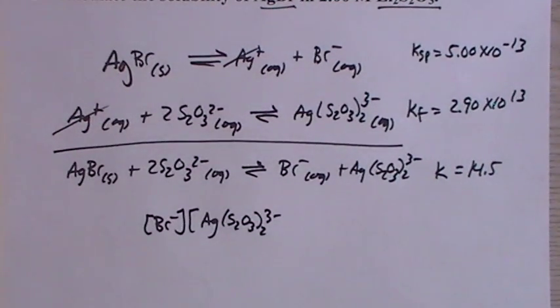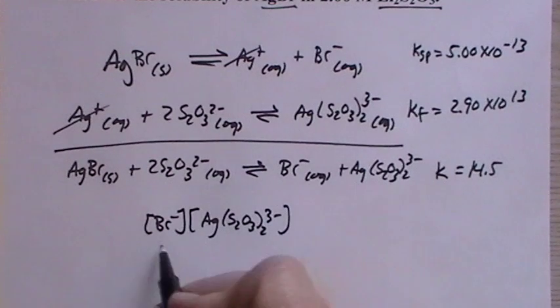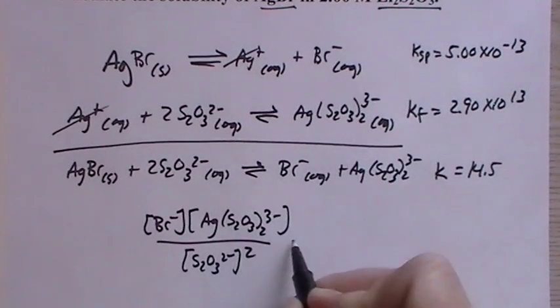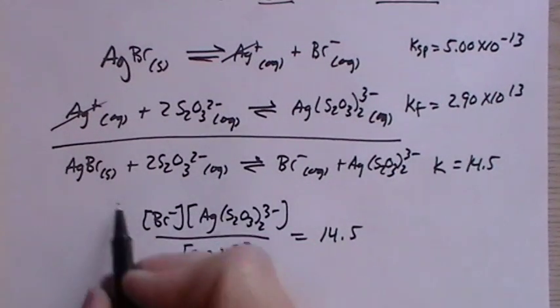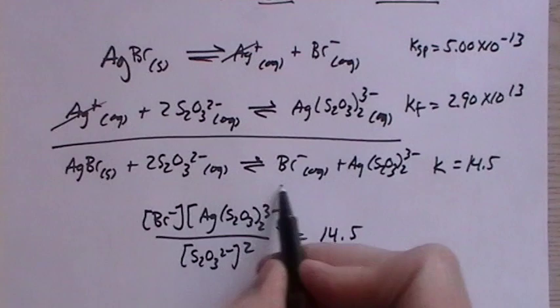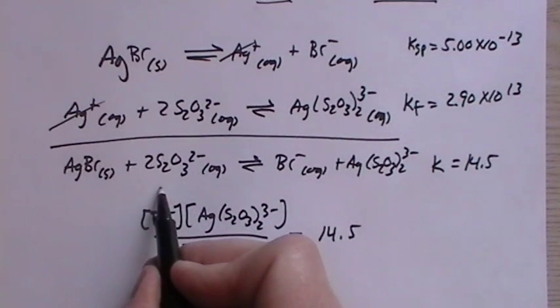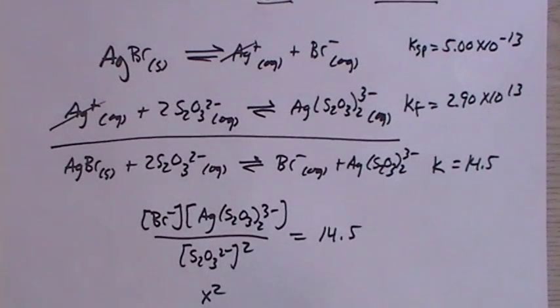Let me see if they have a name for it. Yeah, they just call it Kc, and that's the best thing to do. Now, I didn't leave a lot of room here, but we know this is going to be plus x. This is 2 molar minus 2x, so this will be x squared over 2 molar minus 2x squared equals 14.5.